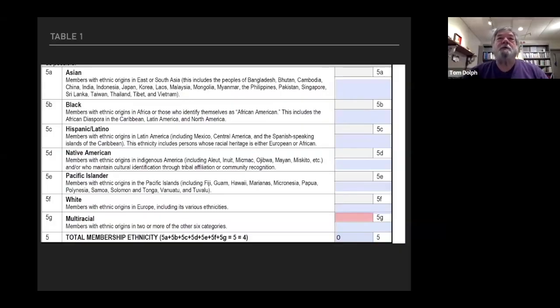So everybody wants to be an open and inclusive congregation, but putting your entire membership in this category is not helpful. So this is persons who identify as having more than one ethnic heritage. The other thing to keep in mind is that this total must equal line 4.